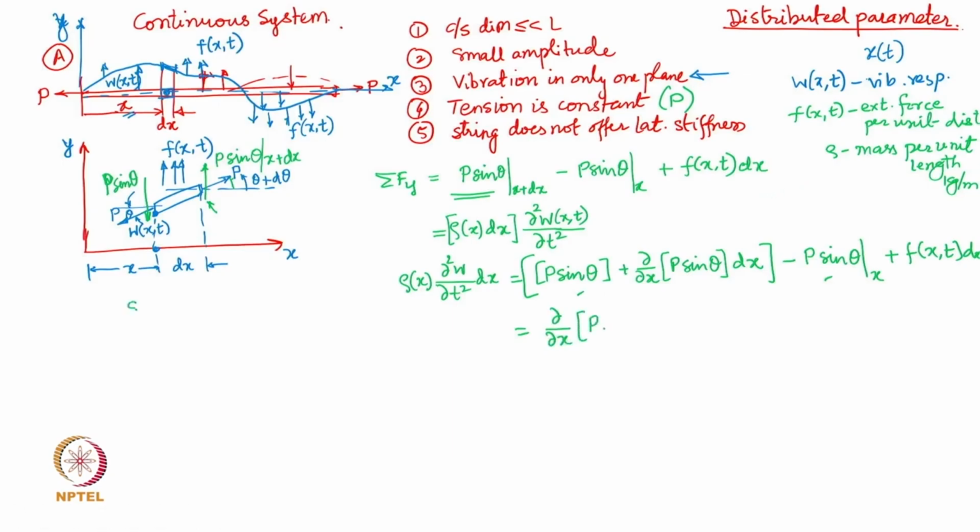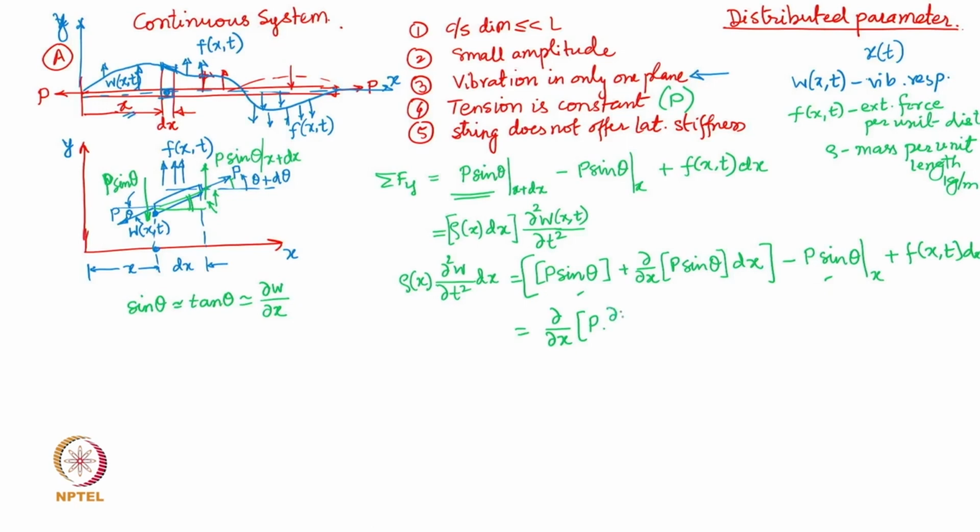Now, another assumption that I am going to make: because the amplitude of vibration is small enough, the slopes are very small, and then sine theta can be approximated as tan theta, and tan theta is basically this angle, the incremental change in the response w with the position x. So that slope is going to be partial w by partial x, the slope at the position equal to x. So partial w by partial x is essentially the sine theta term.